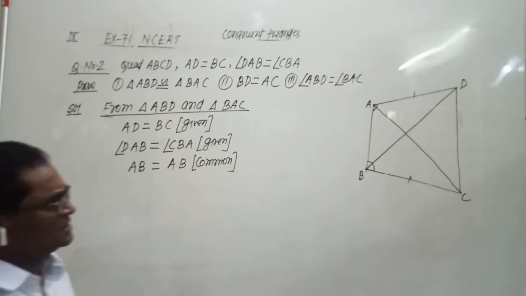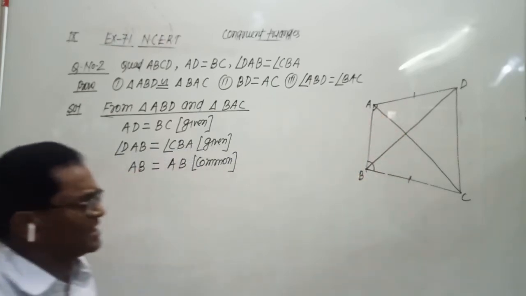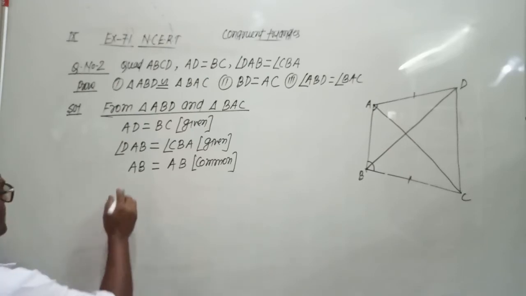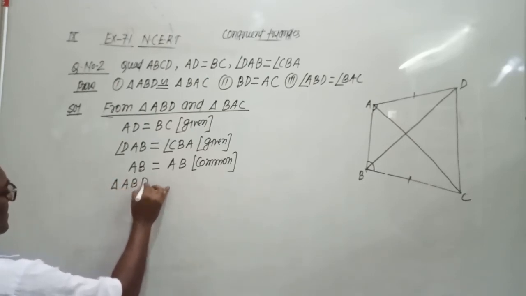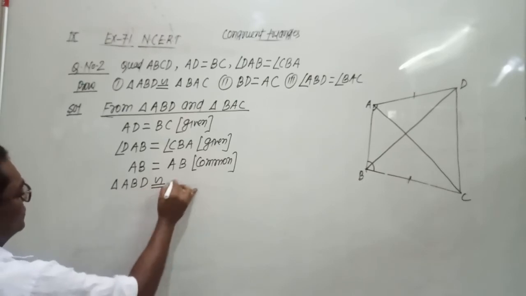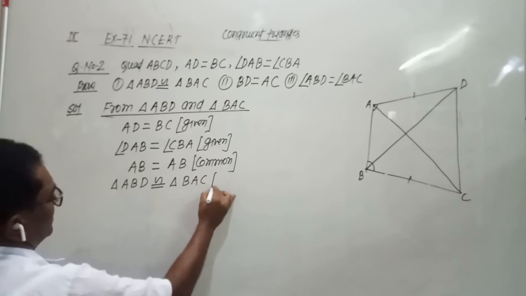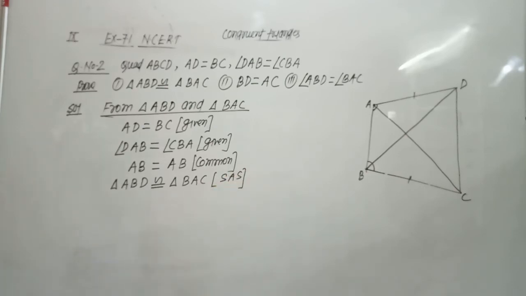So by side, angle, side, the SAS criterion, these two triangles become congruent. So triangle ABD is congruent to triangle BAC by SAS.